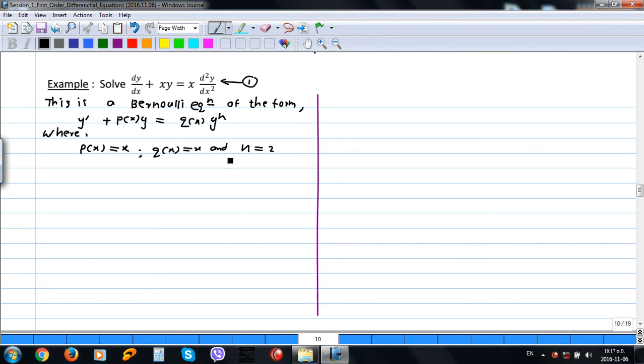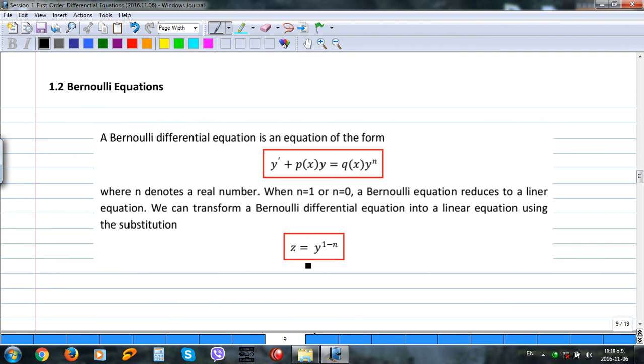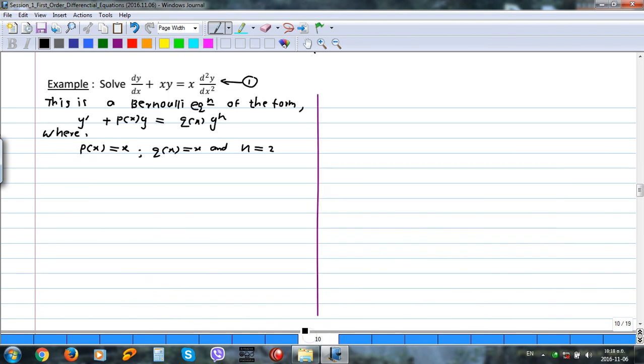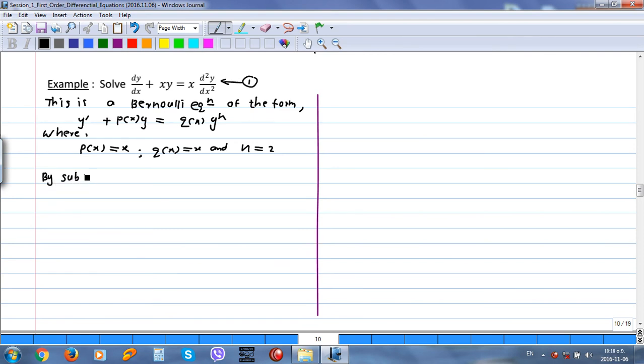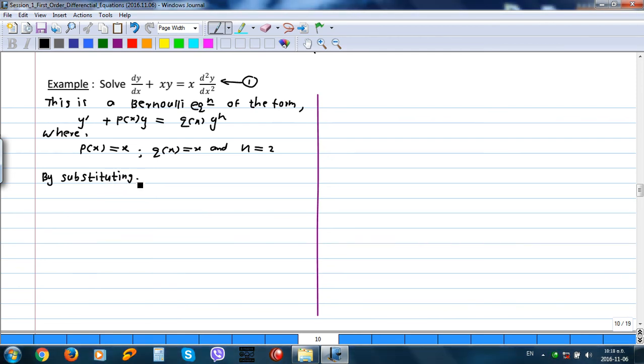Right. So then we know that if it is a Bernoulli equation, we have to use this substitution, that is z equals y to the power 1 minus n. So we can write by substitution, z equals y to the power 1 minus n.